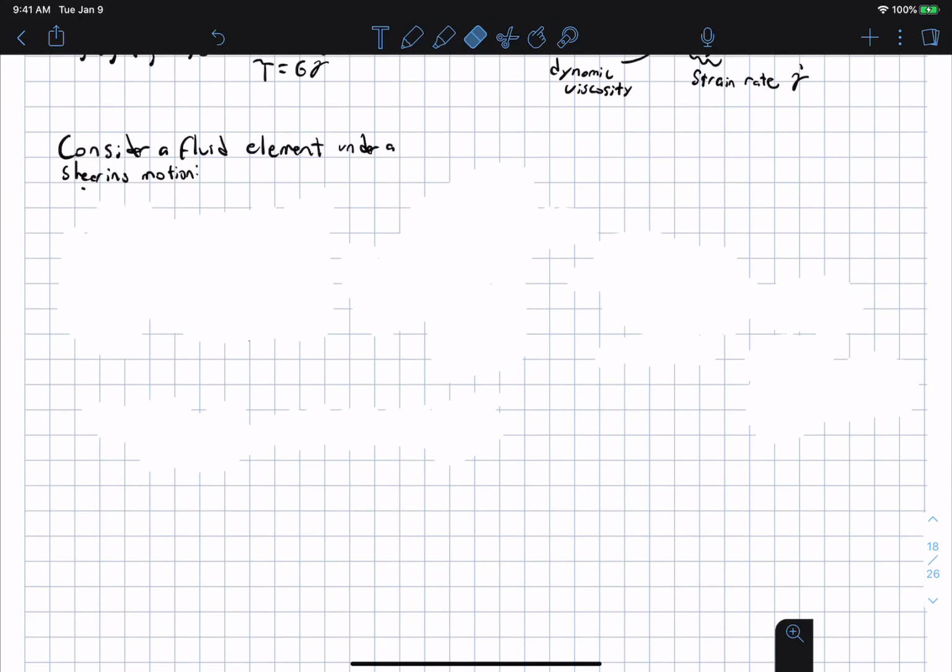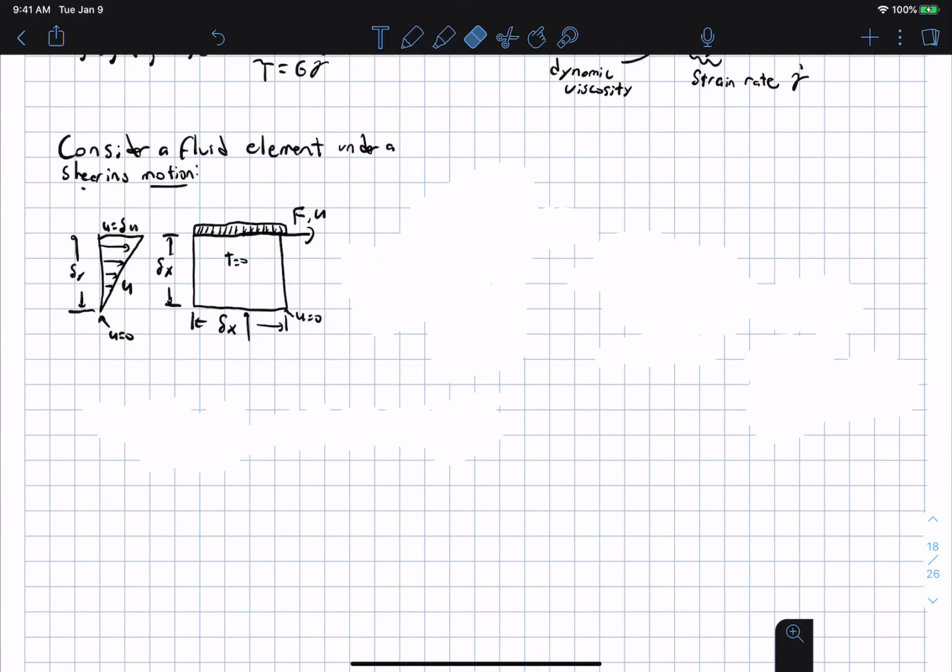Okay, sorry about that, my iPad would not scroll. So we have our little box here, our fluid element, and we have a velocity gradient here. So we have the flow here, it basically looks like this. The flow at the bottom here is 0, it's not moving.